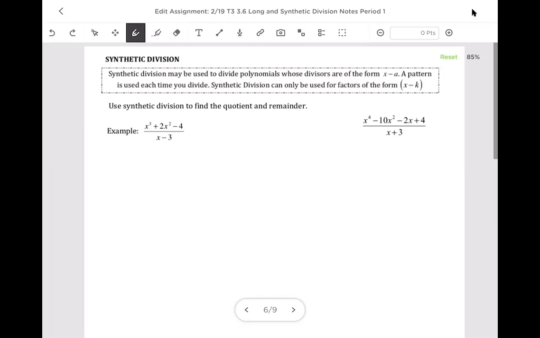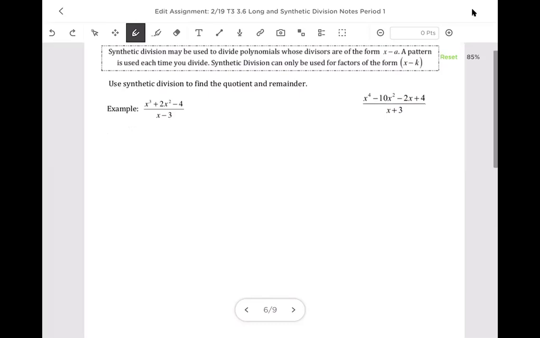So it's really important in that box where it says synthetic division can only be used for factors of the form x minus k. Yeah, only x minus k, right? So there can't be a coefficient in front of x, and it has to be a linear term, meaning not x squared, x cubed, whatever.